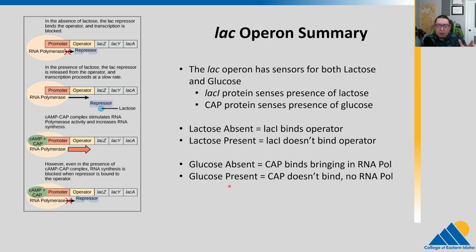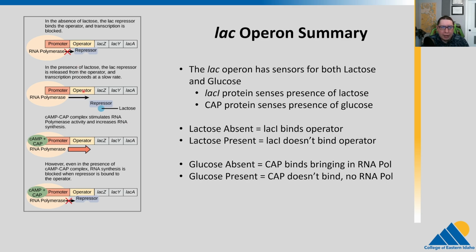If glucose is present, the CAP doesn't bind, and there are basically very low levels of RNA polymerase brought in. Now that's a little strange to think about, because technically a little bit of transcription is occurring, but not a lot. So it's very, very low. We can effectively think of it as off.